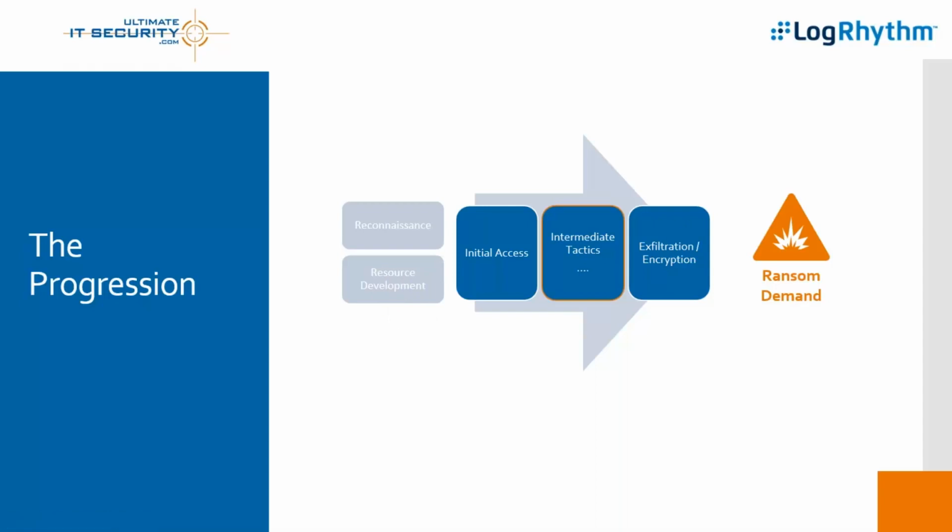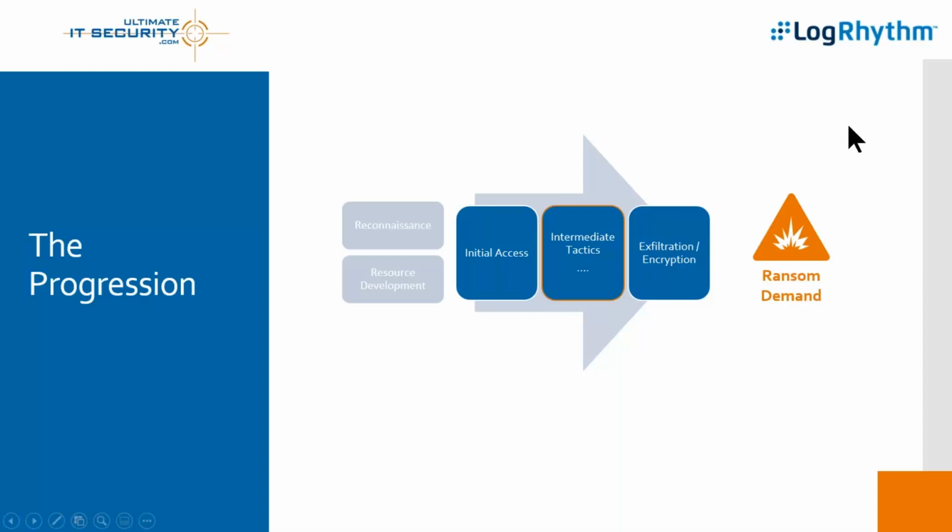One of the key things is the standing up of command and control servers and the setup of domains and domain fronting and all the other resources that bad guys need to set up prior to launching an attack on you. Then things really get going inside your network with initial access. That's that first time that someone clicks a link or opens up a document and allows a macro to run. Bam, that's initial access. They are now running some initial code on one of your endpoints in your network.